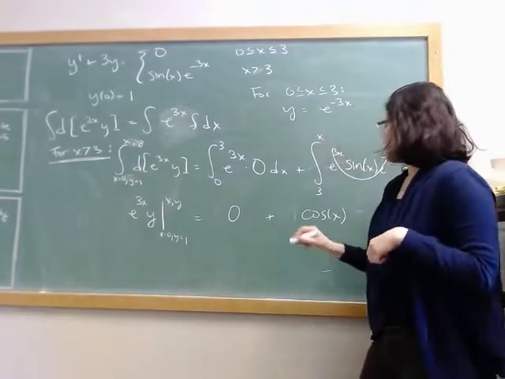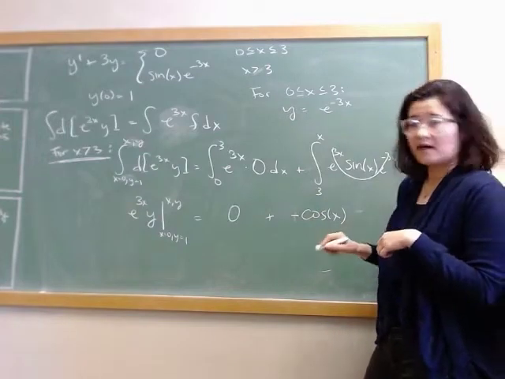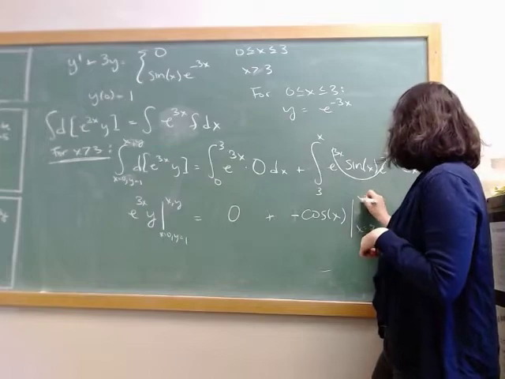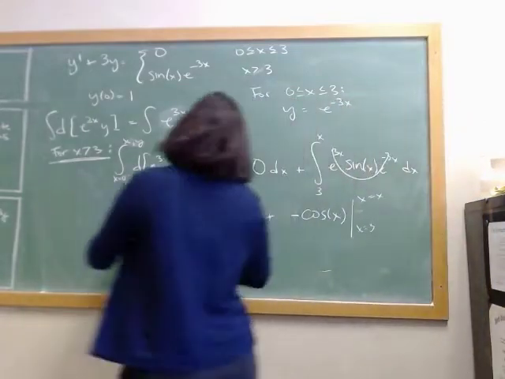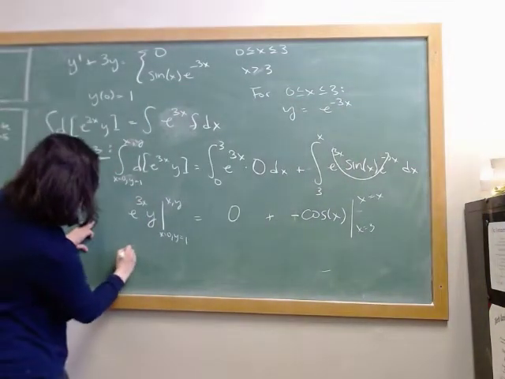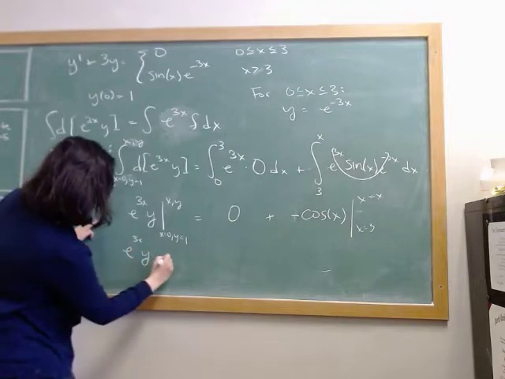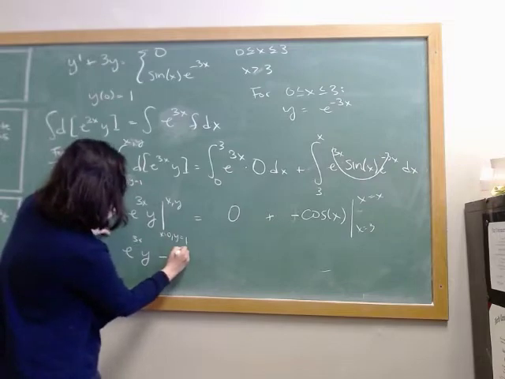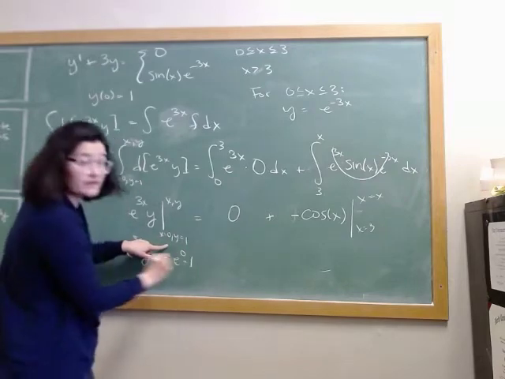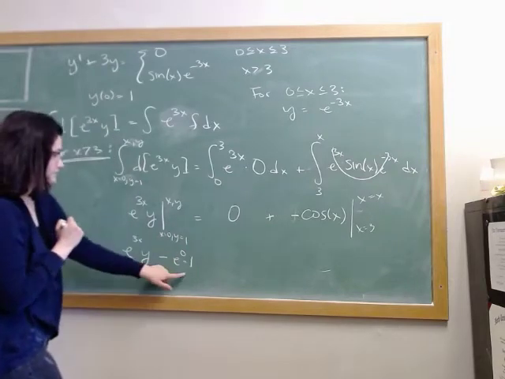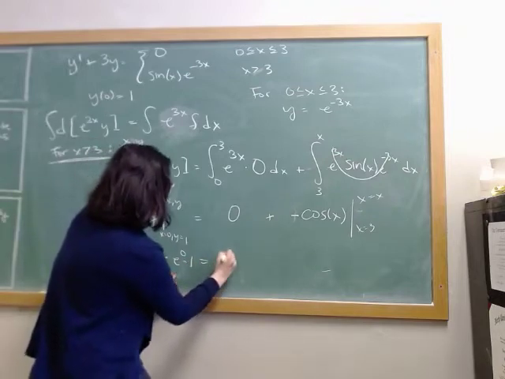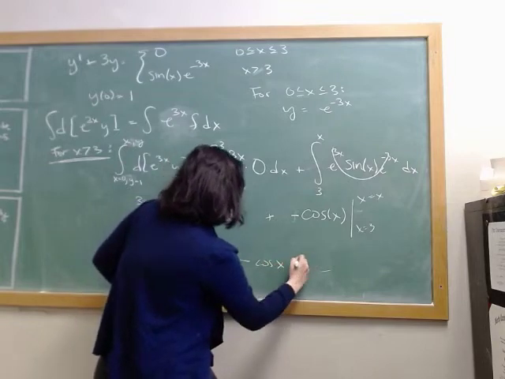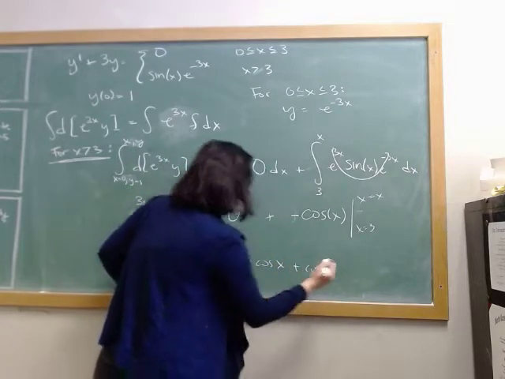So the integral of sine x is minus cosine x, and that's evaluated from x equals 3 to x being x. So then I end up with e to the 3x y minus, evaluating at my lower bound, e to the 0 times 1, because y is 1, equal to 0 minus cosine x plus cosine 3.